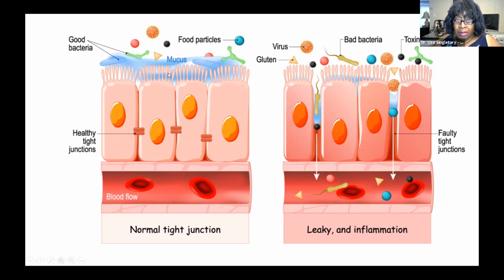In a healthy gut, the food particle gaps are around 1 to 7 microns. Now, a micron is really, really small, but 1 to 7 is the gap size for food particles to get in. In a leaky gut, food particles up to 200 microns can get in. So that's over 20 times the size that's normal.